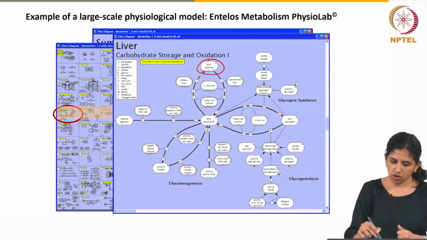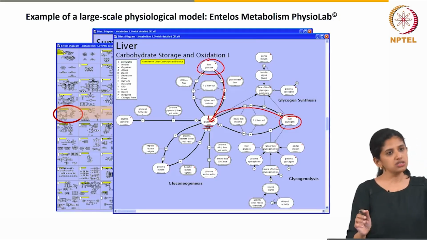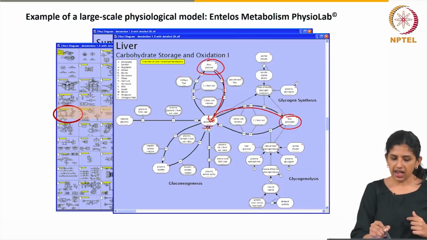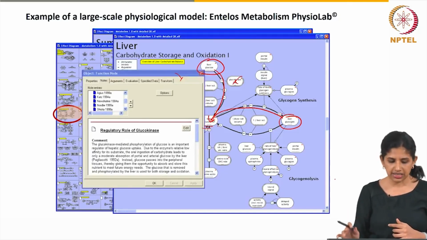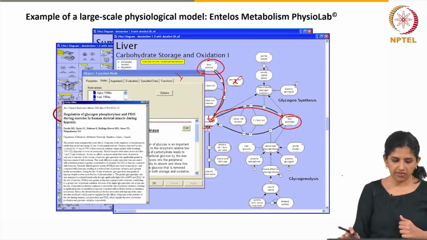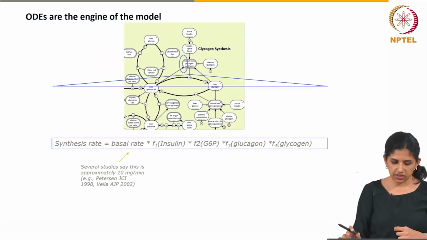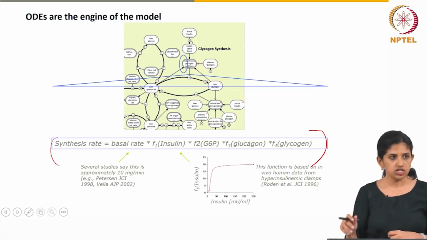So, you have liver glucose that goes into another substrate called glucose 6P through some pathways, and then goes into liver glycogen. That process, which we just represented with one arrow, can get incredibly complex, with multiple things affecting it, and you can have a much more complicated model to address that. And you should make sure that you have the right papers to support it, but at the end of the day, even all of this is supported mathematically by differential equations.